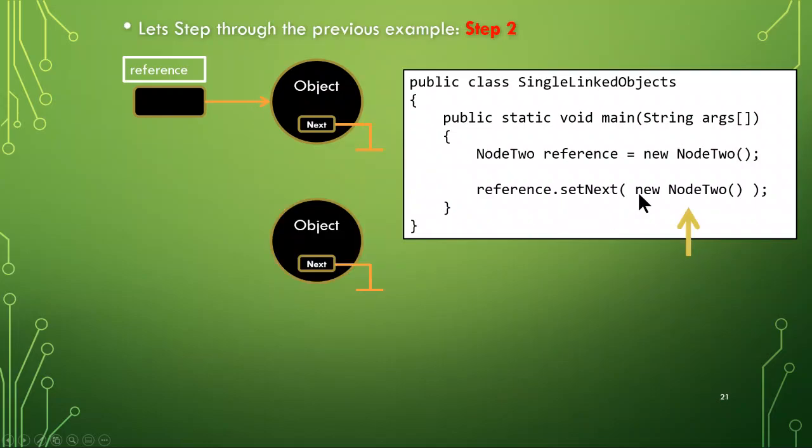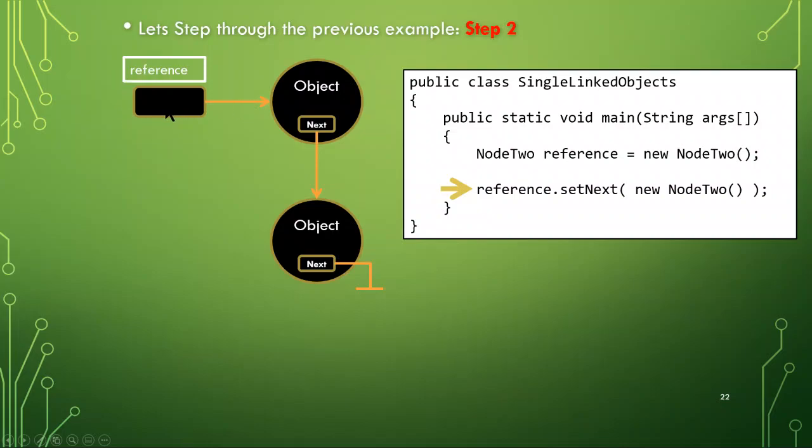Once we go to the next line, this thing here will be executed first before the set next method is actually called. So a new object is created again, its next reference is set to null, and then the address of where this object is in memory is returned to here and passed into the set next. What happens here again is with the reference.setNext, it's the dot.